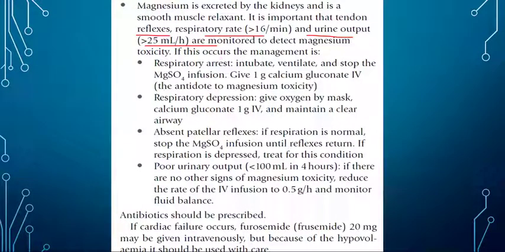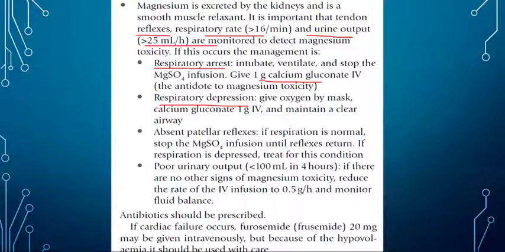Now, if you find the patient developing respiratory arrest, like they stop breathing, they are having respiratory difficulty, stop the magnesium sulfate, start the patient with calcium gluconate, because that is the antidote for magnesium toxicity. Then there is respiratory depression.